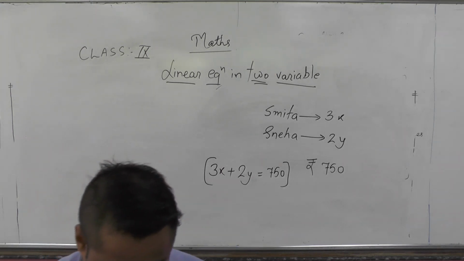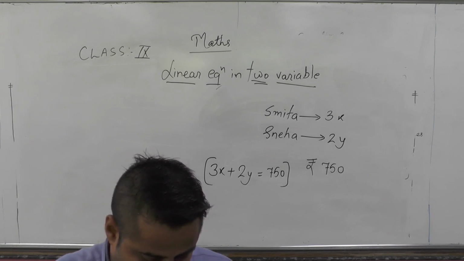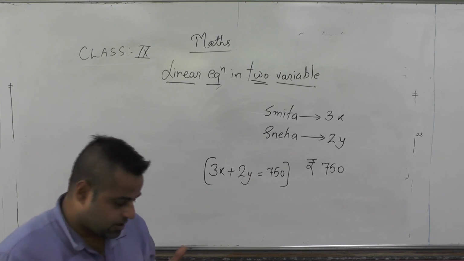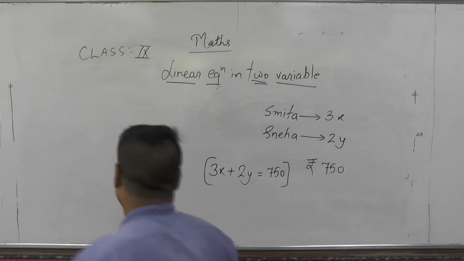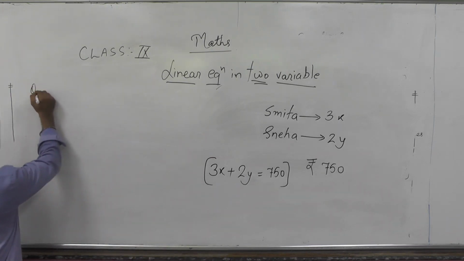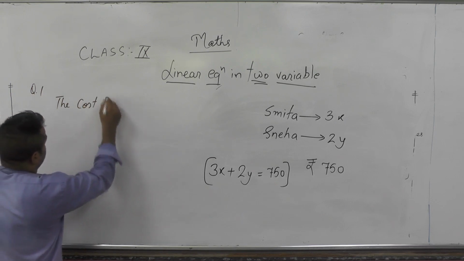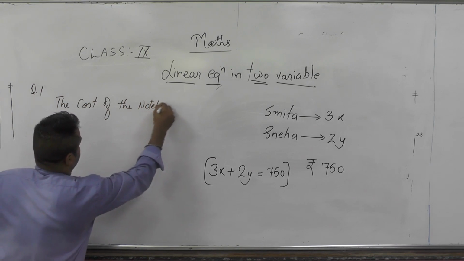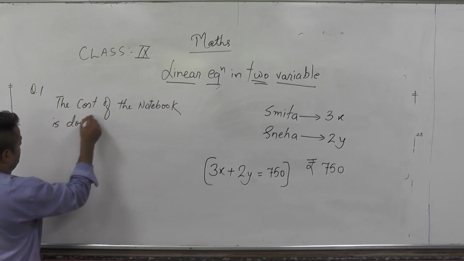Now let us see a few questions from your textbook. Suppose the first question of your first exercise, chapter 4: The cost of a notebook is twice the cost of a pen. That is the statement. What is the statement? The cost of the notebook is double the cost of a pen.